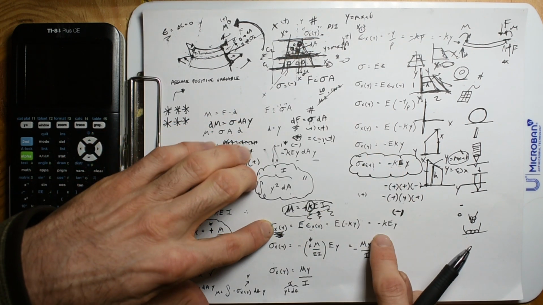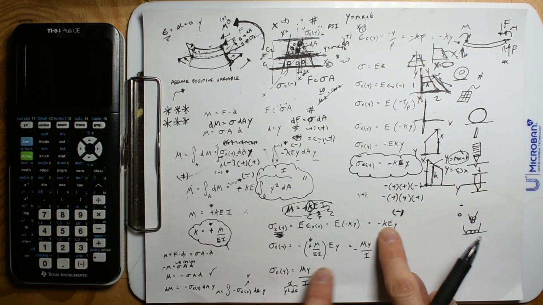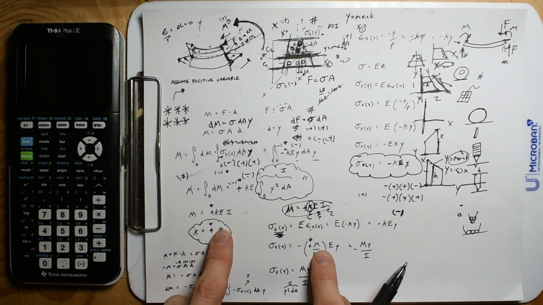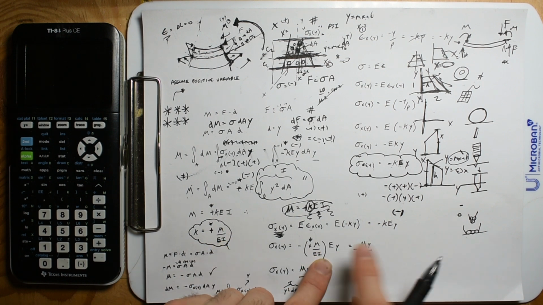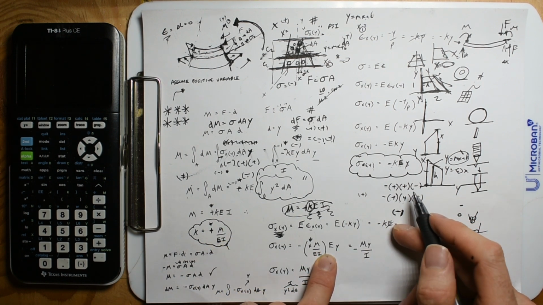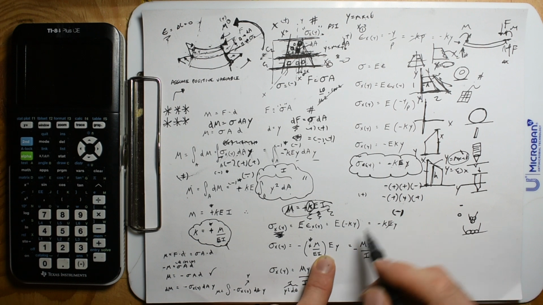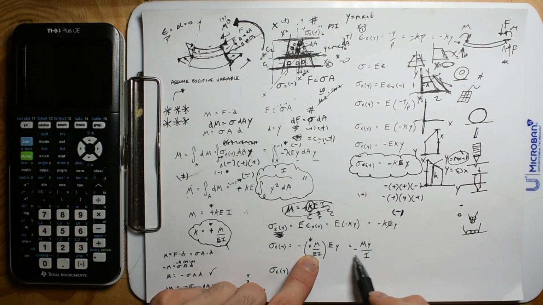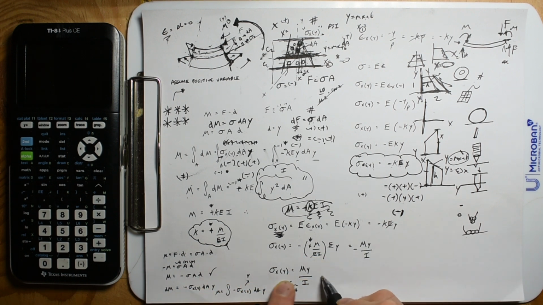Stress is a function of y. And negative Ky, we're going to throw K into there. And so we're going to have negative M divided by EI. This is also multiplied by the modulus of elasticity. That cancels. So we get stress is equal to the moment generated, y, and then I.